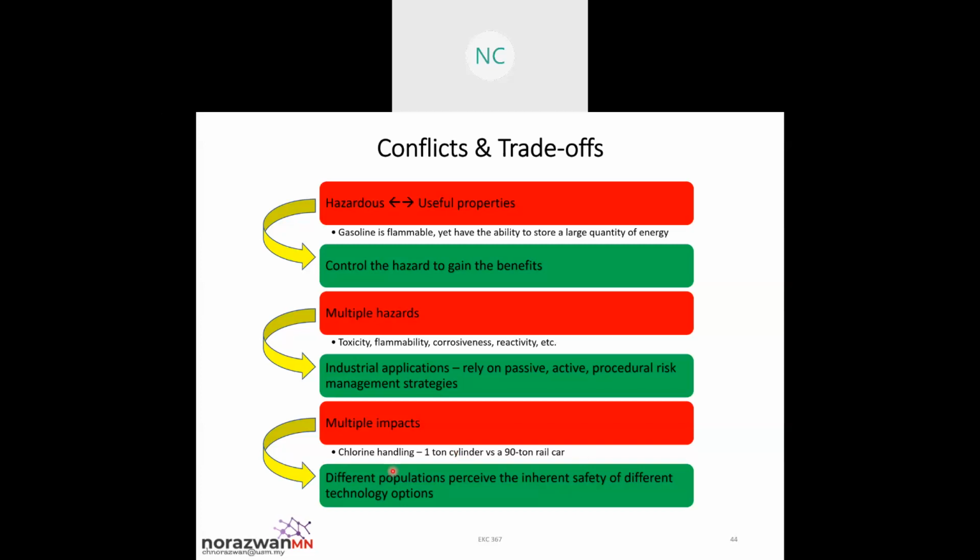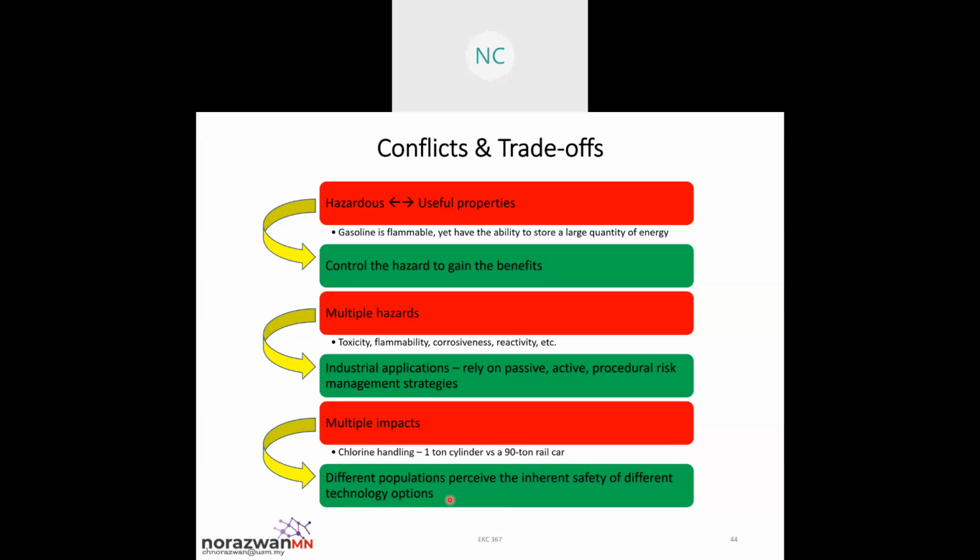So the impacts actually can be reduced, it depends on your safety technologies option. Because with some options, even though the impacts are high, the technology will help to reduce the impact itself.